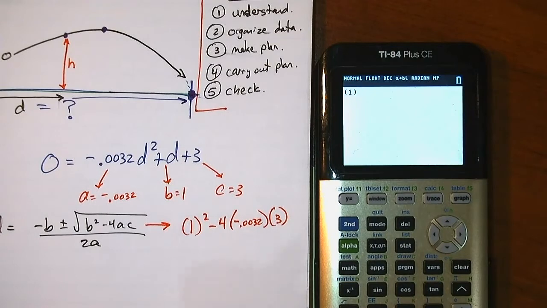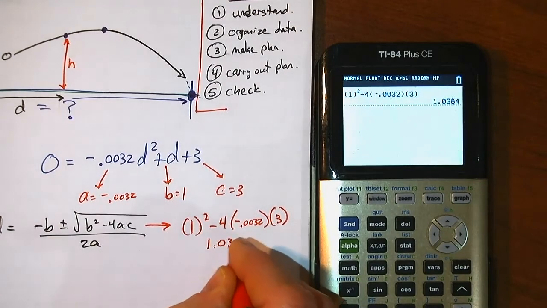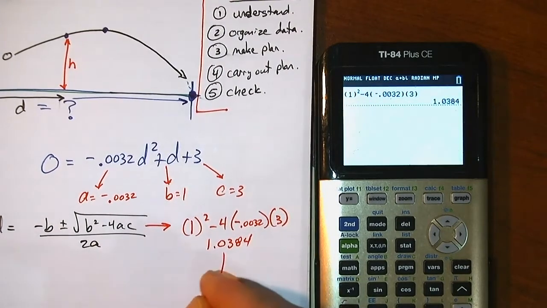And with a graphing calculator, remember, you can just type it in exactly the same way that it's written on your paper with the parentheses and such, because your graphing calculator knows the order of operations. So that's my discriminant right there. So that's the number that's going to end up inside of my square root.